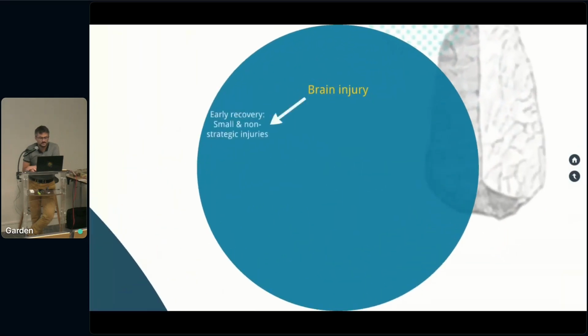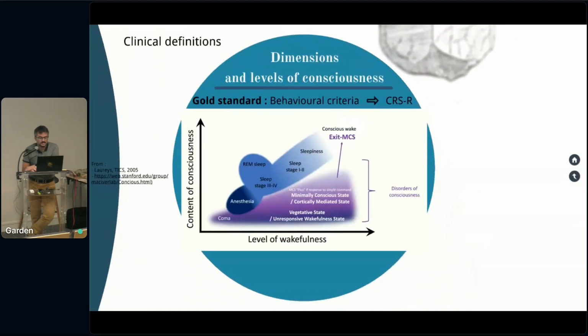So after brain injury, some patients can present an early recovery if they have small or non-strategic injuries, and they can evolve to brain death if they have very severe lesions and inefficient treatment. And in most cases, in fact, they have large and strategic brain injuries which evolve to transient brain dysfunctions.